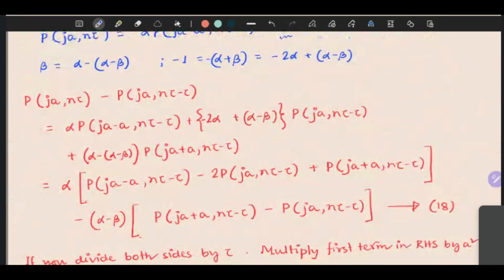Okay, now see here, if you make it by t, this is a first differential equation, right?